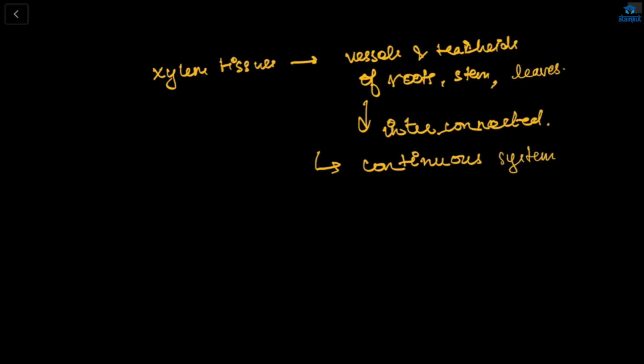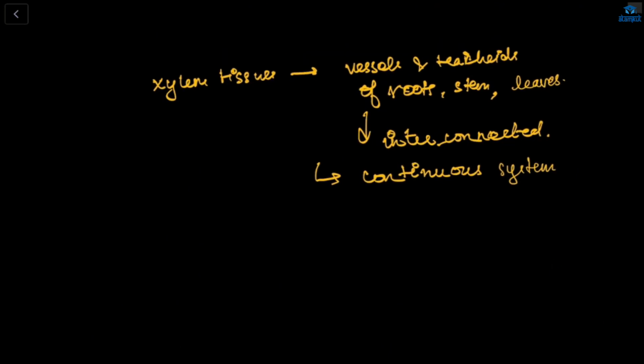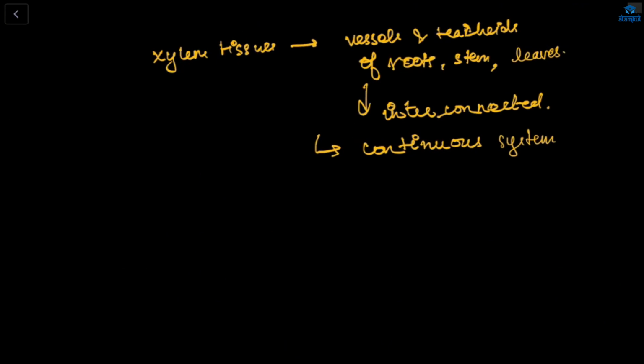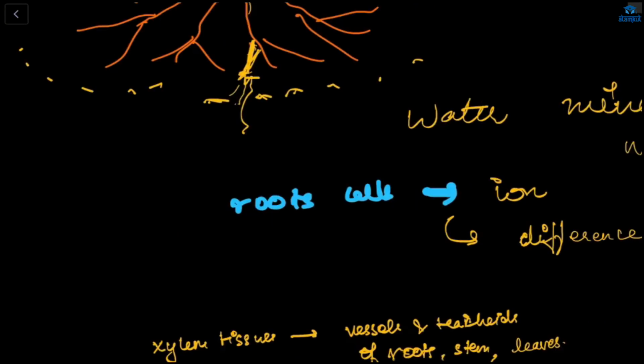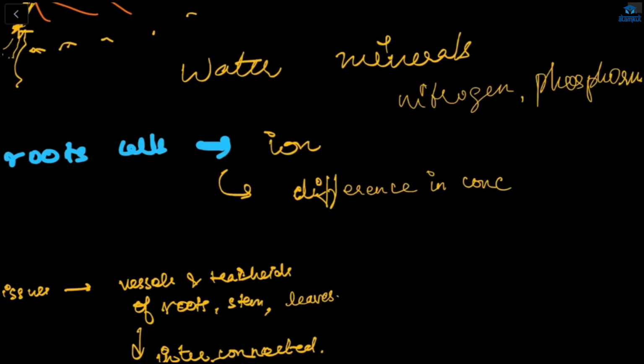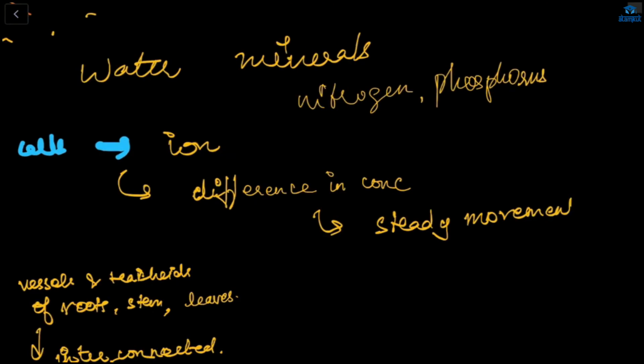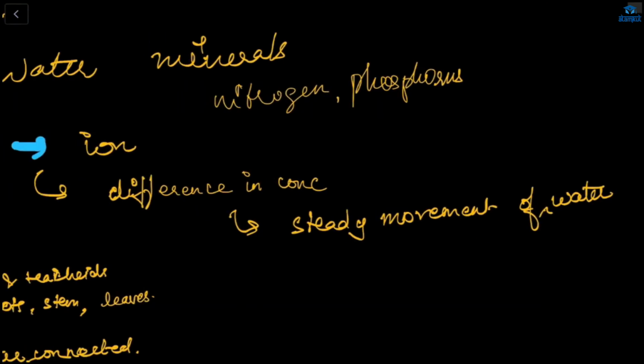And for tall trees, there must be some mechanism to transport water from the root to the leaves, to the aerial parts. So the first thing is this tissue. So what did I tell you? There will be steady movement, taking up of ions. So here there will be steady movement, there is a difference in concentration.